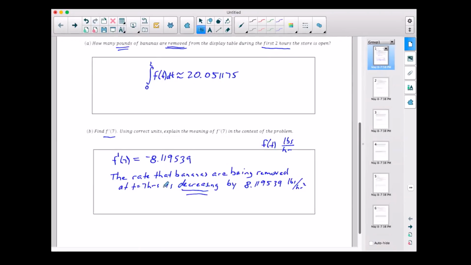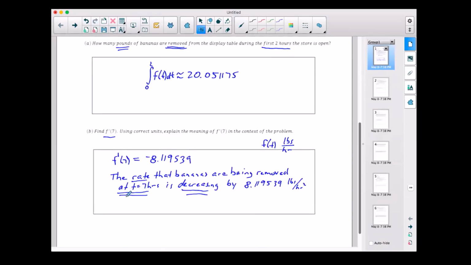So this is our explanation. A couple things that you have to have in your explanation. Number one, whenever you're explaining or interpreting a derivative, you have to basically describe that it's a rate, right? Get used to saying the word rate to interpret derivatives. Number two, it's really important that you give the time, and it's at t=7. When you're interpreting derivatives, remember it's instantaneous. Derivatives are instantaneous rates of change.